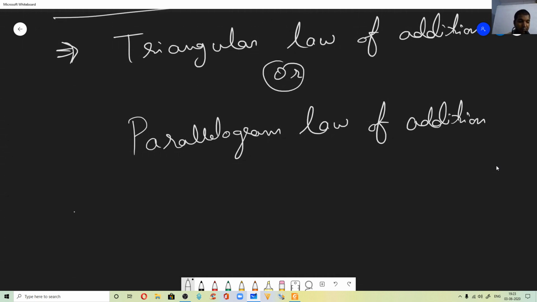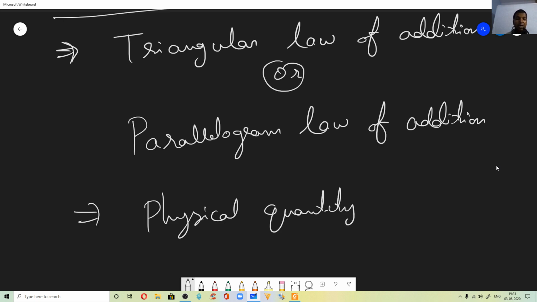Now, we have a physical quantity at hand, and I'll ask you to check whether it is a scalar or a vector. Say it has some directional properties already.